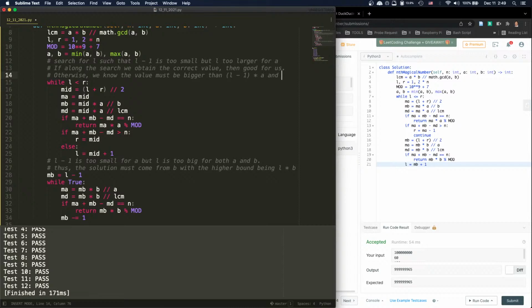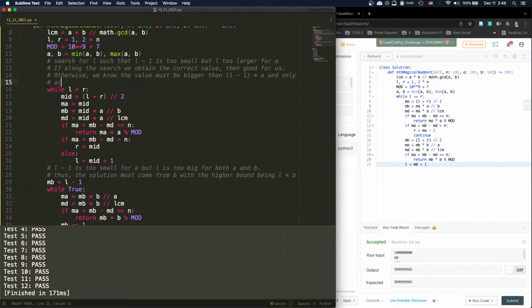And only achievable from B. Thus, we can search from L minus 1 times B down.